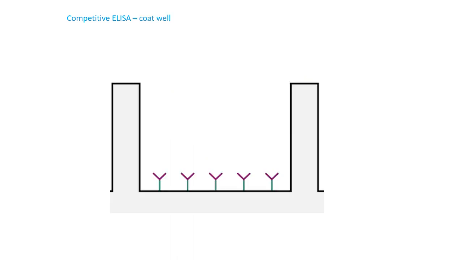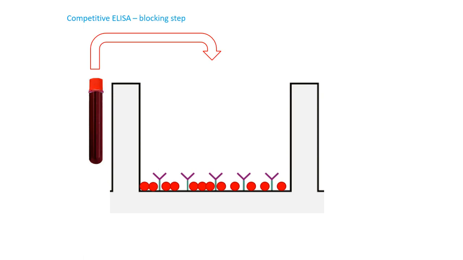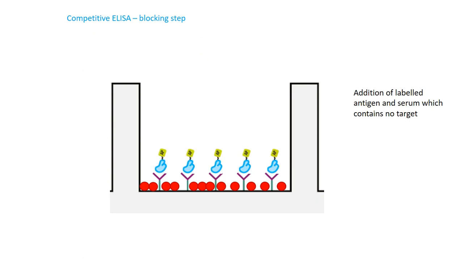In this particular ELISA, the detection antibody is attached to the plate, and then, again, you undergo a blocking step to avoid non-specific binding. Then you add the complex mixture of blood containing the antigen of interest.